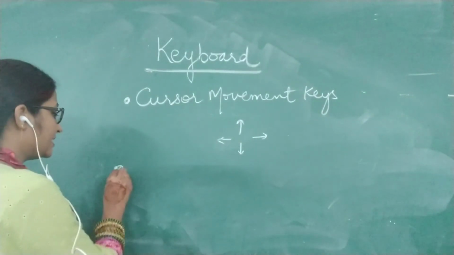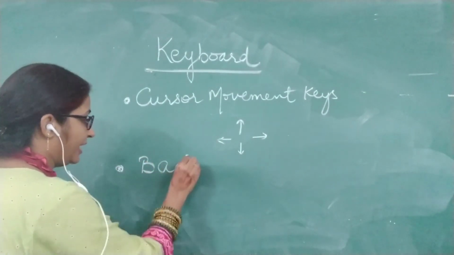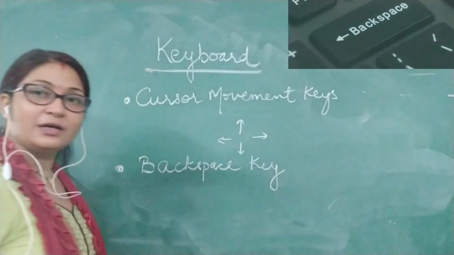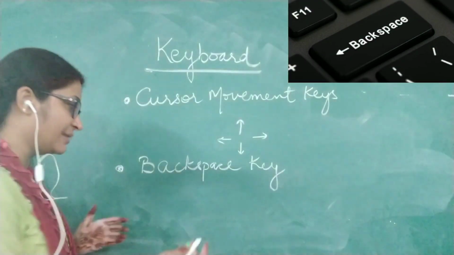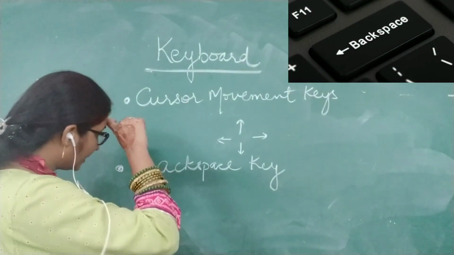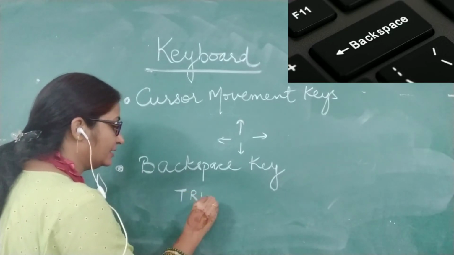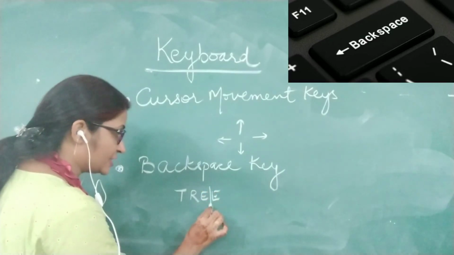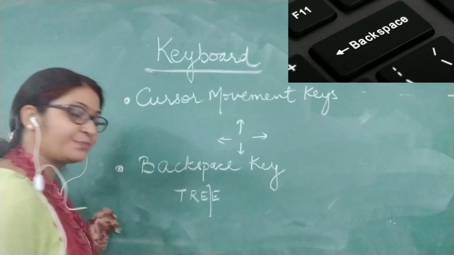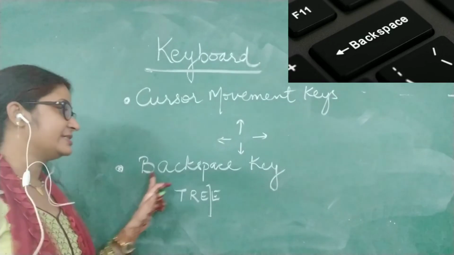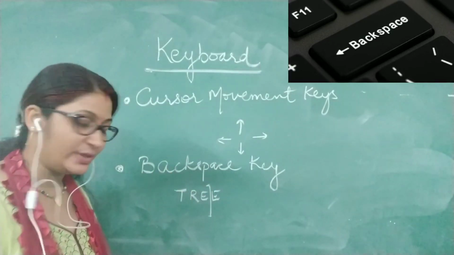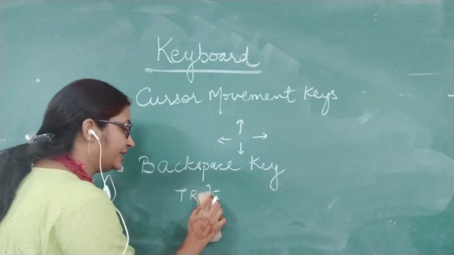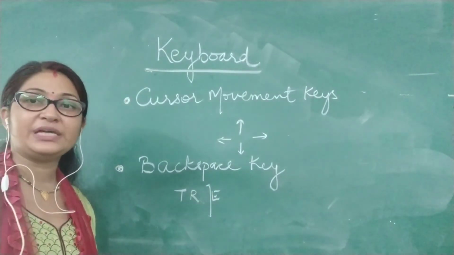Okay. Then next comes the backspace key. Now what is a backspace key? Let's suppose I am writing the spelling of tree here. My cursor is blinking at this point. And if I press this backspace key, then what will happen? This E will be erased, or deleted.